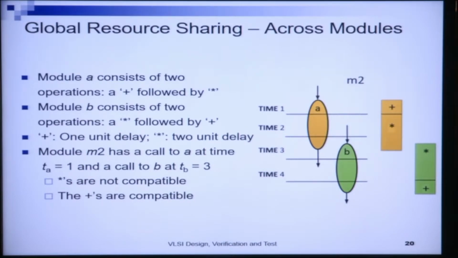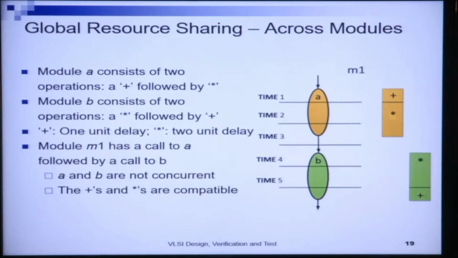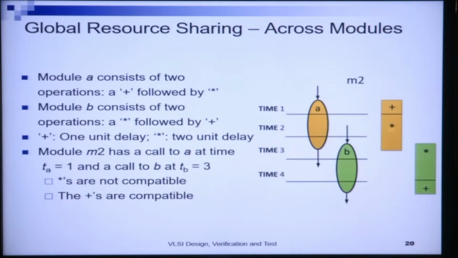So, I have an operation constraints graph that defines module A, I have an operation constraints graph that defines module B, and in the first example both these operation constraints graphs were separated in time. The complete lifetimes of the operation constraints graphs were separated in time, they were non-concurrent. Here the operation constraints graphs are overlapped.